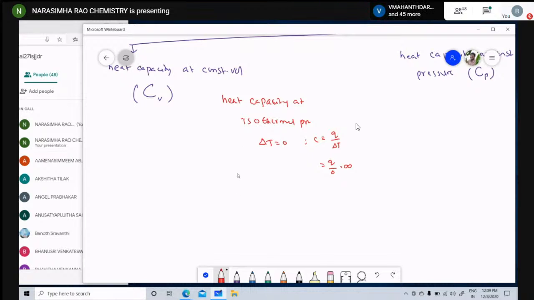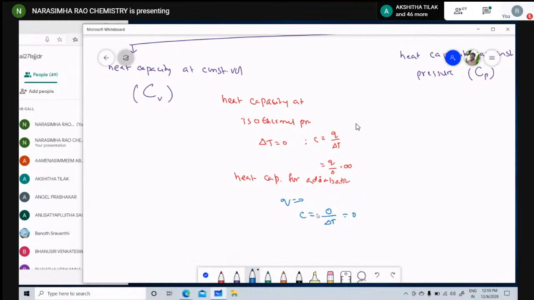Now, heat capacity for an adiabatic process. Already we know, children, that for an adiabatic process, change in Q is equal to 0. Now heat capacity C is equal to 0 by change in temperature.